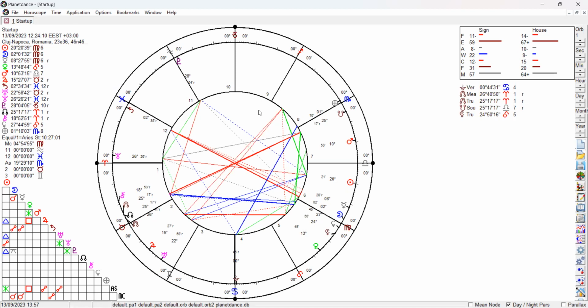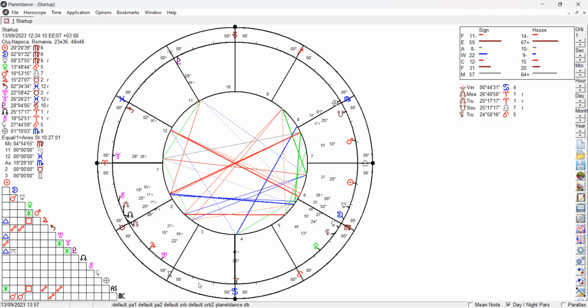Now, other energies that you might come across, part of fortune and vertex. You can see that here and here are also calculations. Part of fortune in a birth chart usually represents where you have the most personal power and fortune.